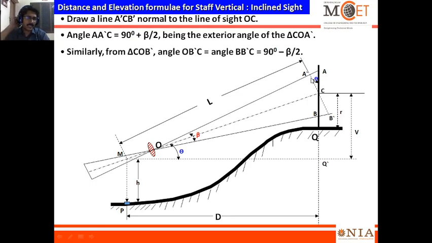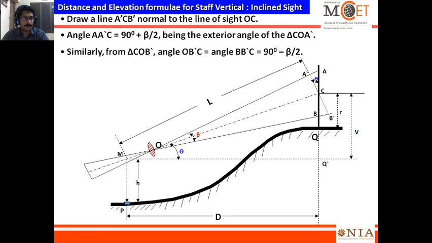It is 90 plus beta by 2. How is it beta by 2? See, this is beta. For this triangle, this becomes beta by 2, right? And it is a right angle triangle, meaning this is beta by 2, so this becomes 90 minus beta by 2 here, right?